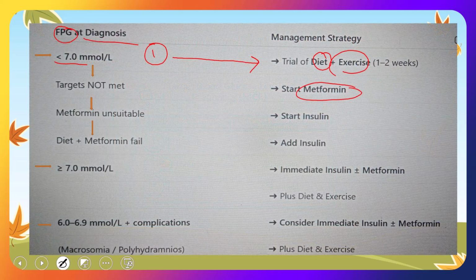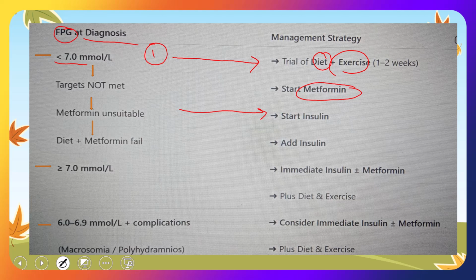That is, if it is contraindicated or unsuitable, or the patient is suffering from certain side effects of metformin, we can offer her insulin. And at the end, if metformin is again not working along with diet and exercise, we are going to offer insulin as well.